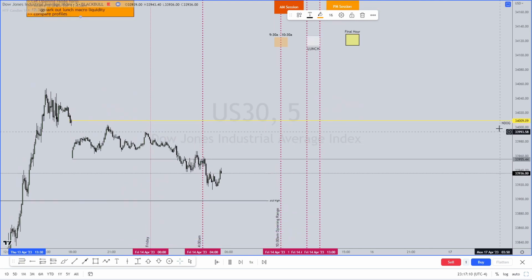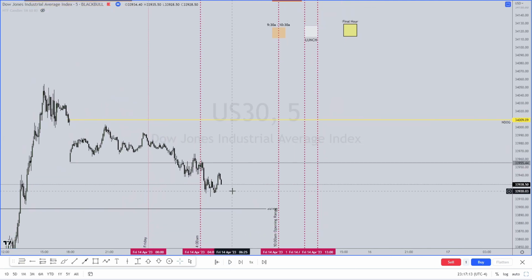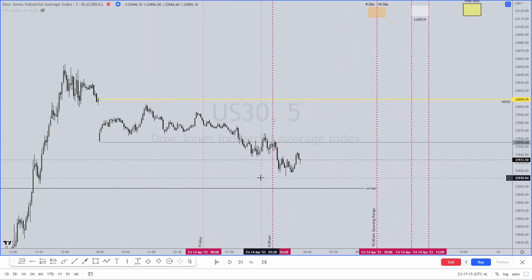So here we go. Pause that here. So we have price coming down. We're noticing that it tags into the order block. And then we had these consecutive green candles.